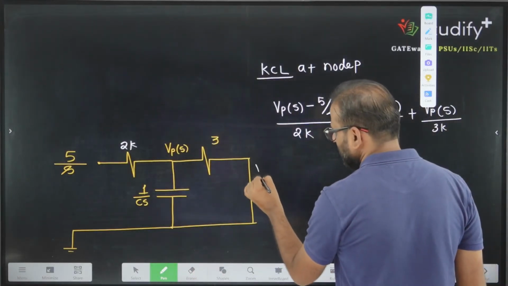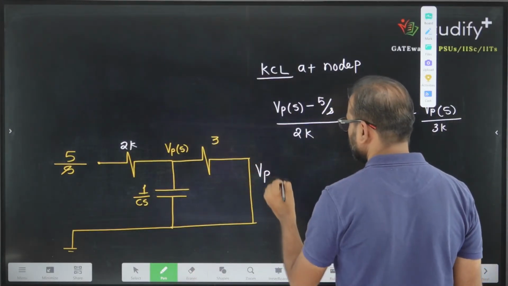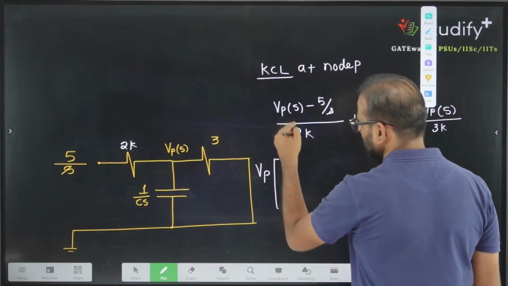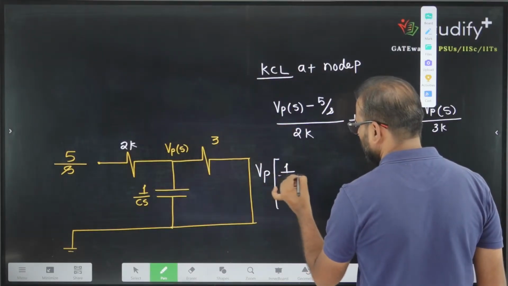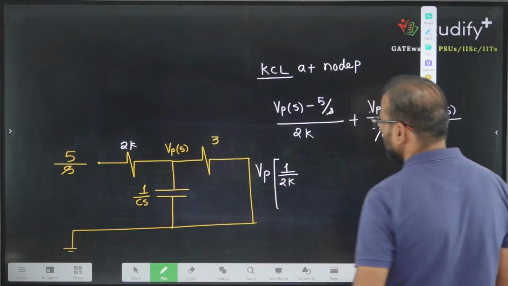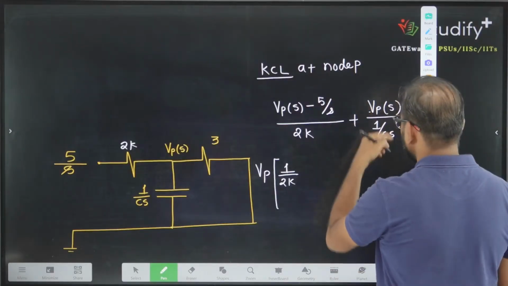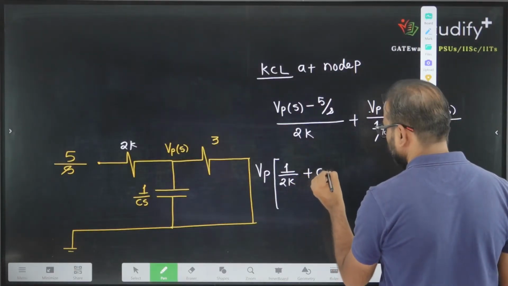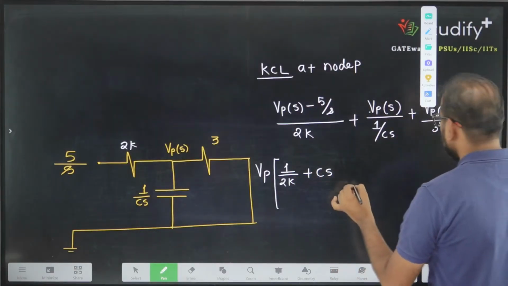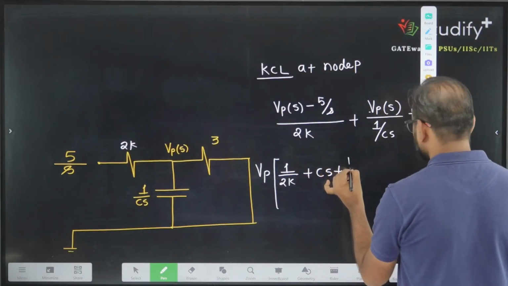If I take Vp common, what do I have? 1 by 2K from here, CS from here, and 1 by 3K.